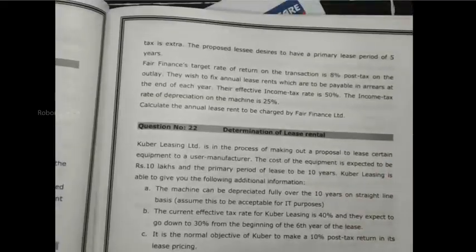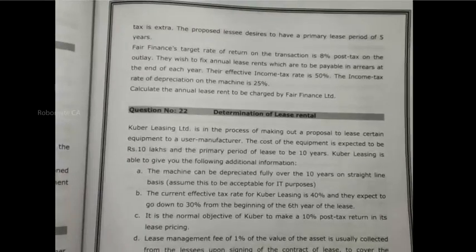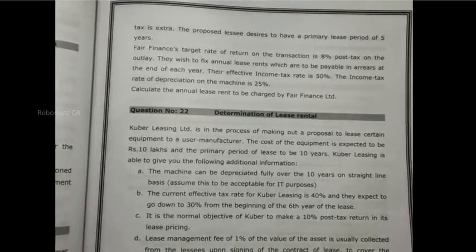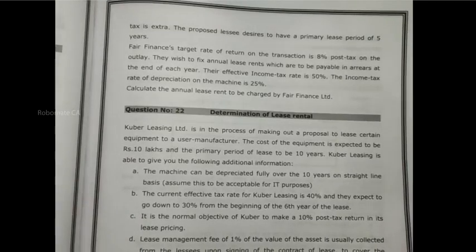The proposed lessee desires to have a primary lease period of 5 years. FIANL's target rate of return on the transaction is 8% post-tax. How much you want to earn as IRR? 8% on the outlay.